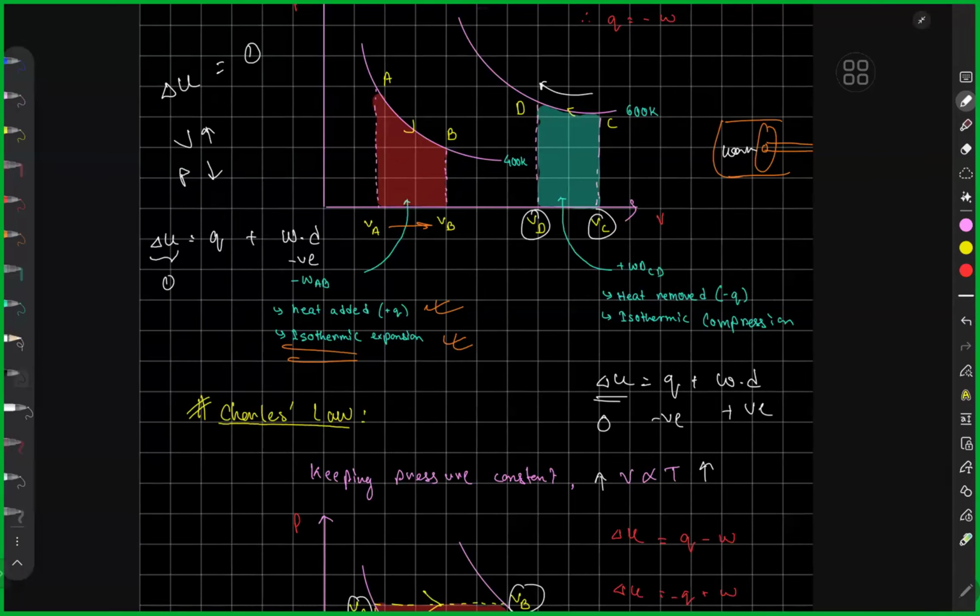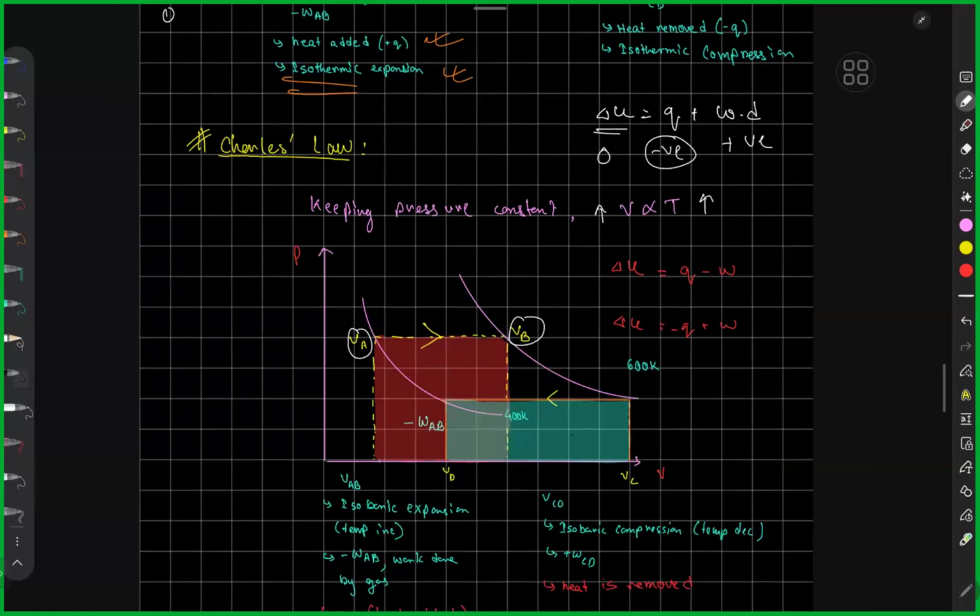Since I want the temperature or internal energy to be constant, what do I do? Since work is being done on the system, that is, energy is increasing in the system, I need to remove that energy. How? By heat emitting from the system, by Q being negative. Got it? Great.